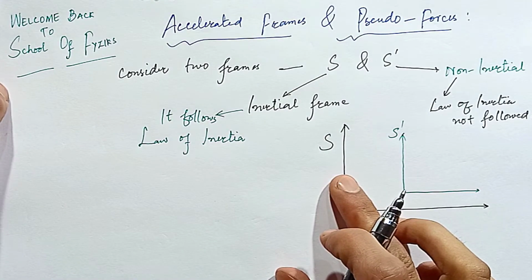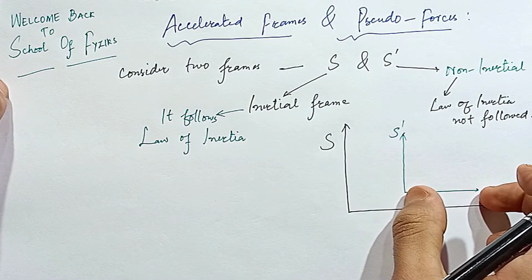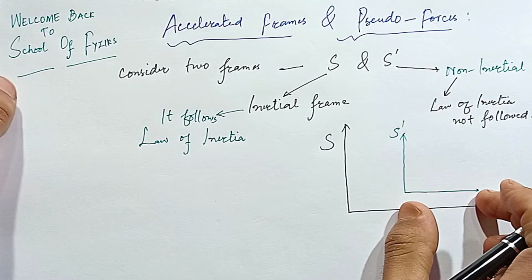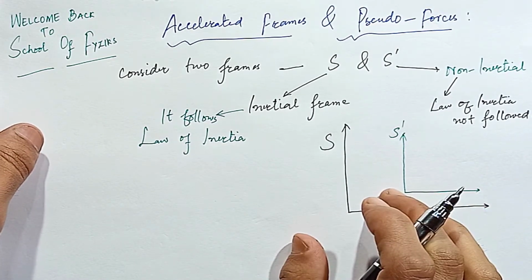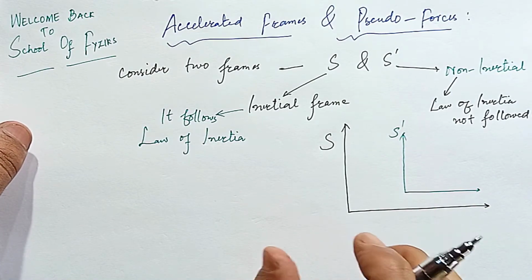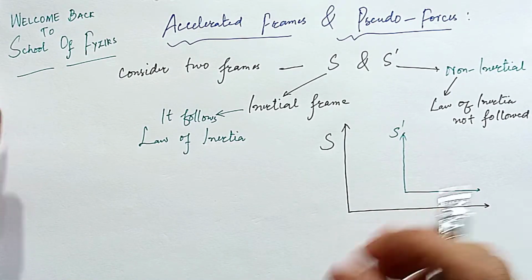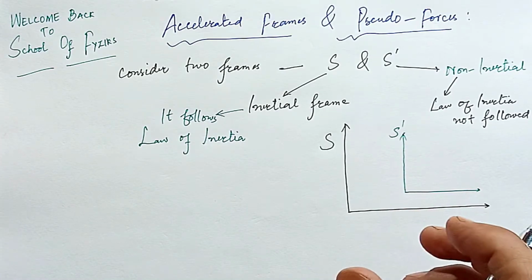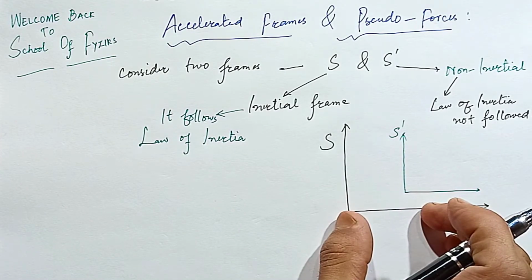One is an inertial frame of reference and the other is a non-inertial frame of reference, and we have to discuss a particle, a body, which is under force, or maybe in the absence of force, and what kind of dynamics that body follows in both of these references.